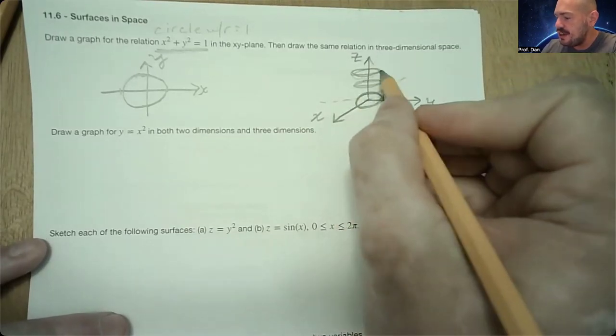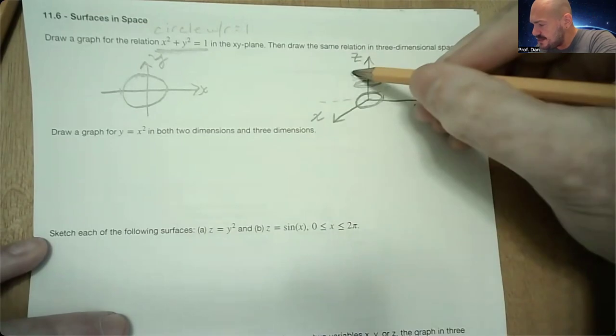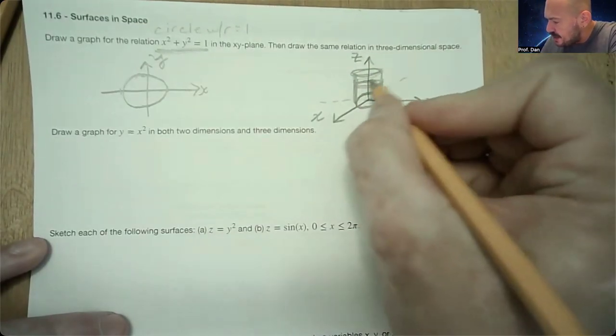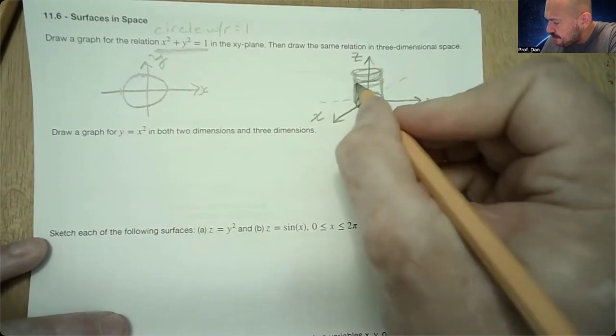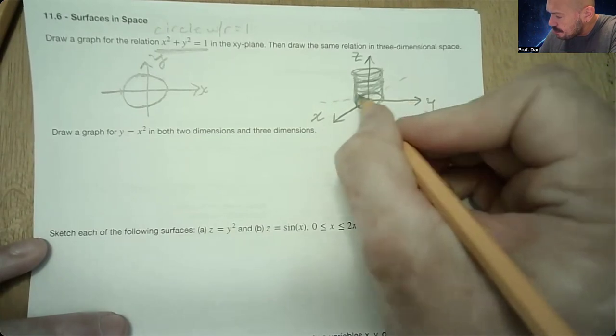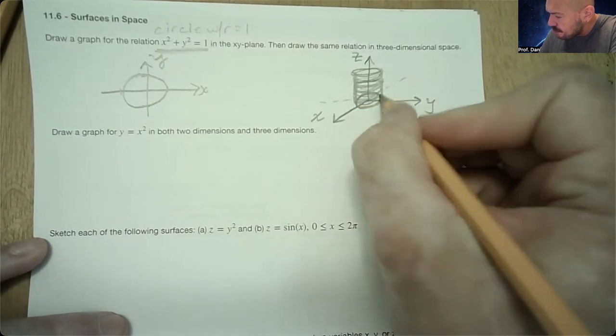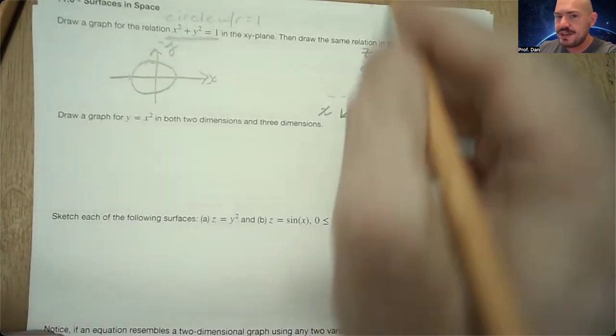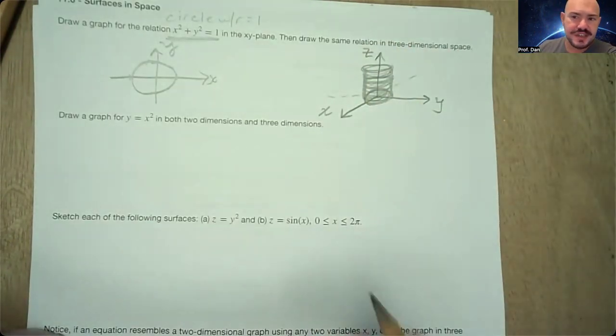And if I were to draw infinitely many of these, essentially, I would get a cylinder. Yep, that's a cylinder. And it goes all the way up the z-axis, all the way down the z-axis.